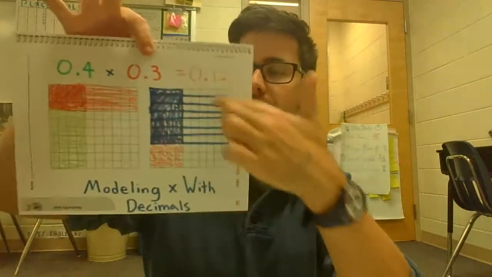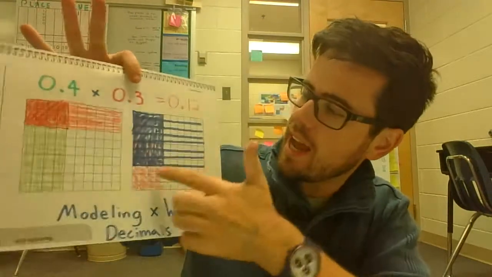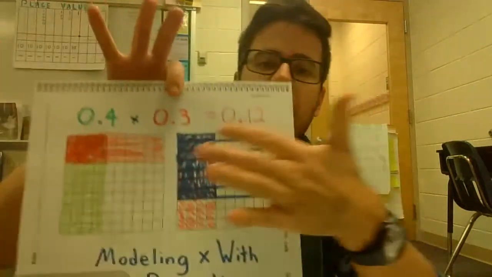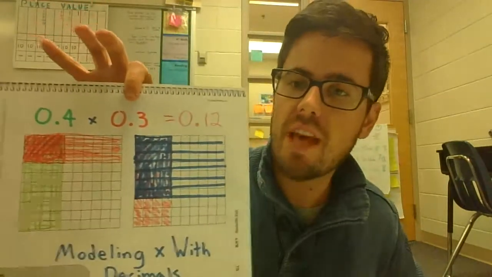All right, so hopefully you have had time to model what 4/10 times 7/10 looks like. I'll show you my model. My model is here on the right side. You can see that I have vertically modeled my factor 4/10, and I have horizontally modeled my factor of 7/10.